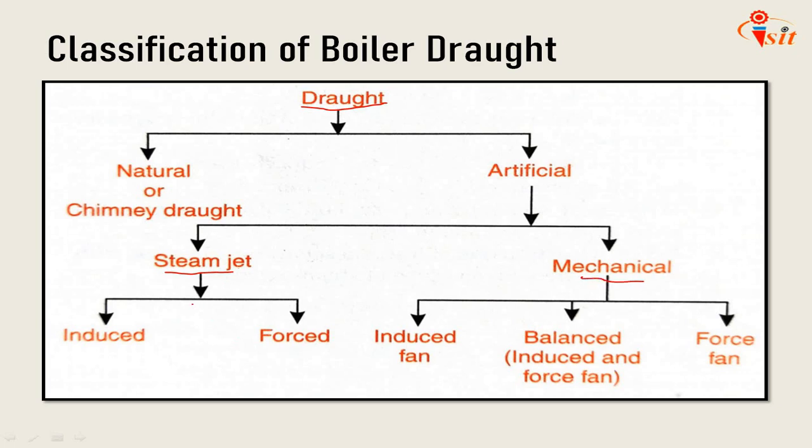Steam jet draught is classified into two groups, induced draught and forced draught. In mechanical draught, there are three categories: induced fan, balanced, that is a combination of induced and forced fan, and third, forced fan. So that is the classification of total draught.